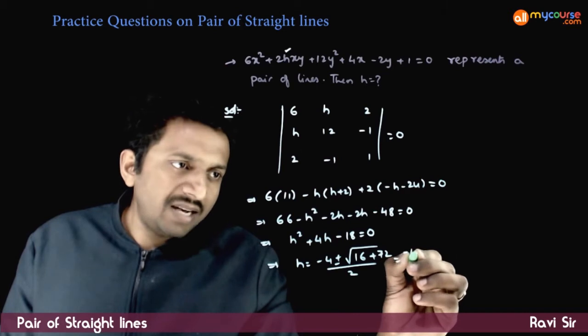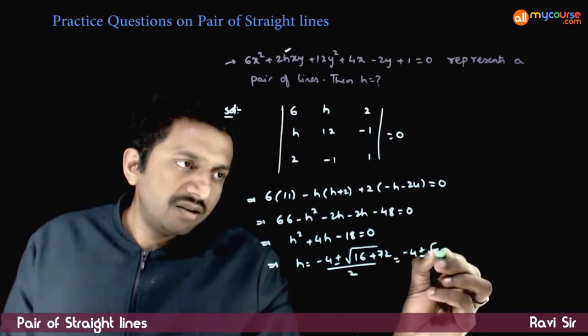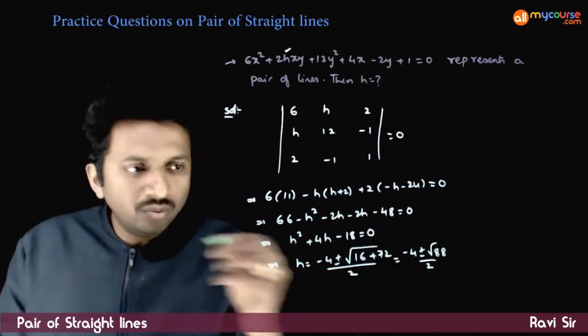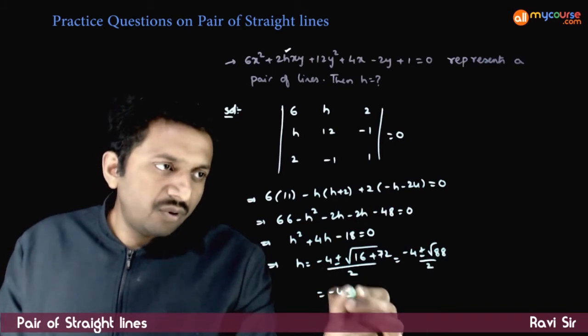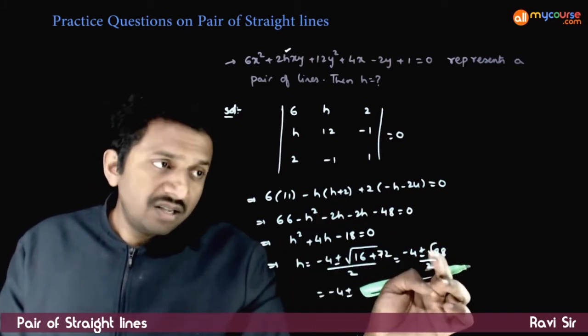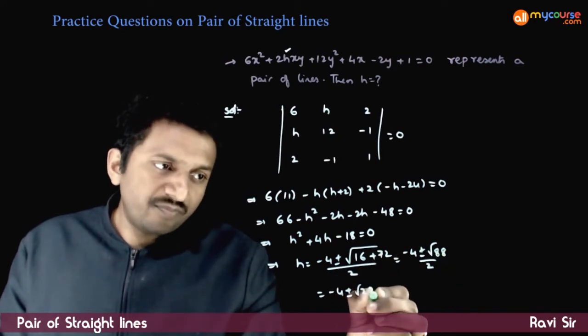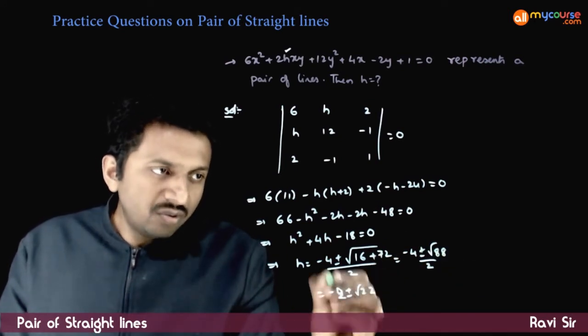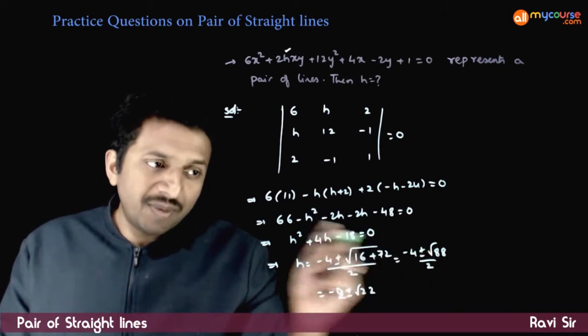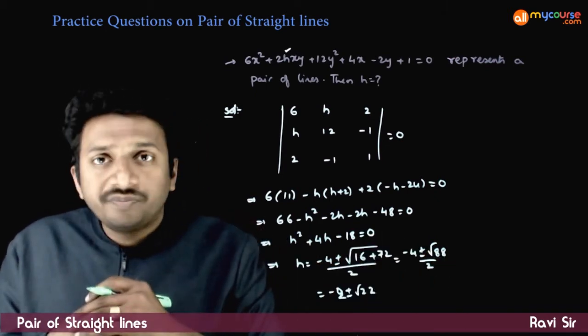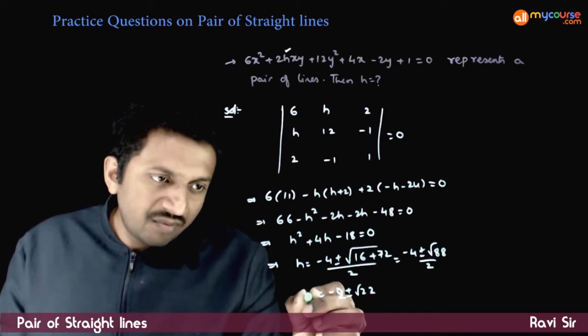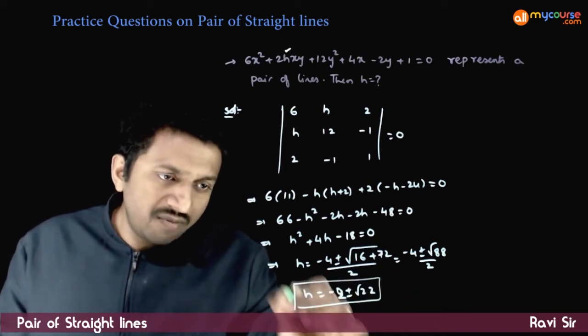That is equal to minus 4 plus or minus root 88 by 2. So this is 2 root 22. So if you cancel 2, minus 2 plus or minus root 22. So this is the possible value of h.